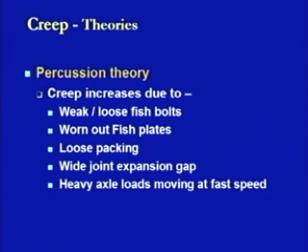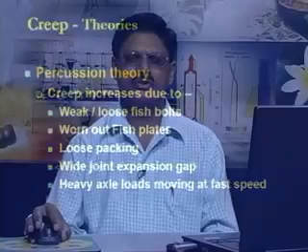Another aspect is the heavy axle loads which are moving at a faster speed. Now, if the axle loads are quite low or the speeds are quite low, in both conditions the impact which is going to be created at the rail end will be quite less.